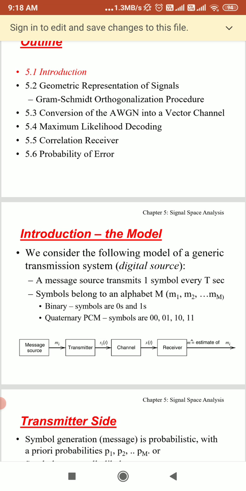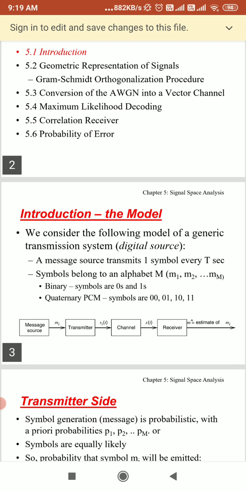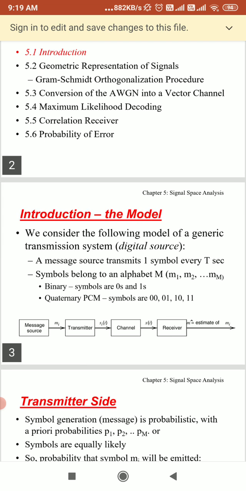If we are using BPSK, BFSK, QPSK, then in the baseband receiver the task of the detector is to decide which of the signals was transmitted. That's why we require the detector, and the decision is to be made in the presence of noise and distortion caused by the channel.